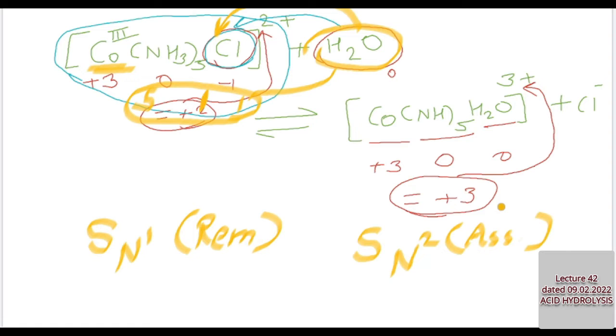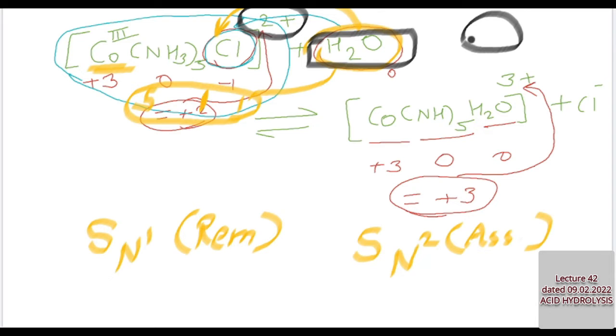People were thinking that since this complex ion is positively charged, and the water ligand as such has no charge but behaves like a dipole, the oxygen center carries a partial negative charge and the hydrogen ends carry a partial positive charge.